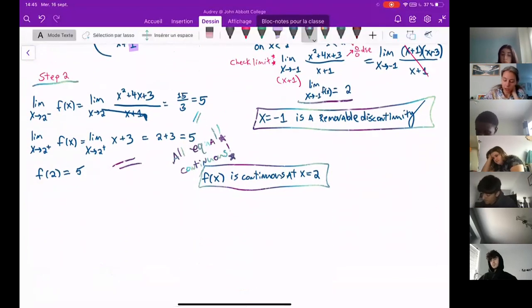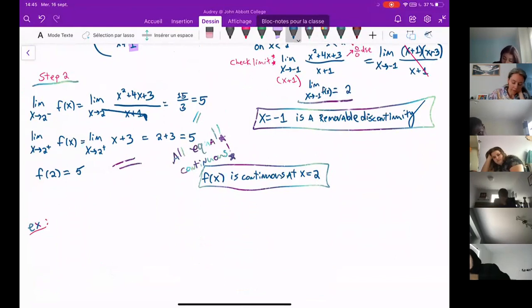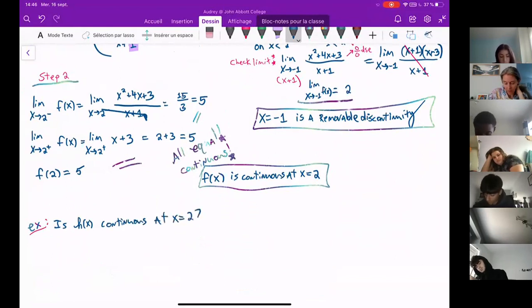Okay, now I'm just going to do a simple example where I really don't change anything except that 5. So what if I had the same function pretty much? So I have the same function, but instead of having 5 there, I had a 4.